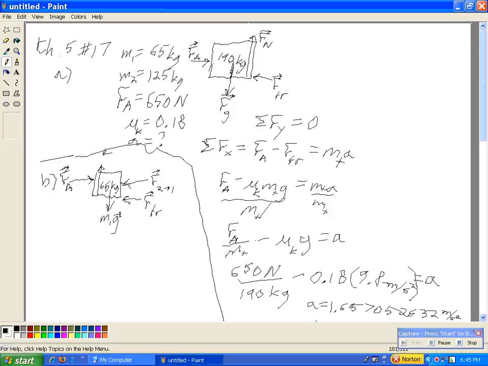I was wondering, how come it's not falling down? Okay, normal force. Again, in the y direction, 0 net force. So let's just go straight to the x.